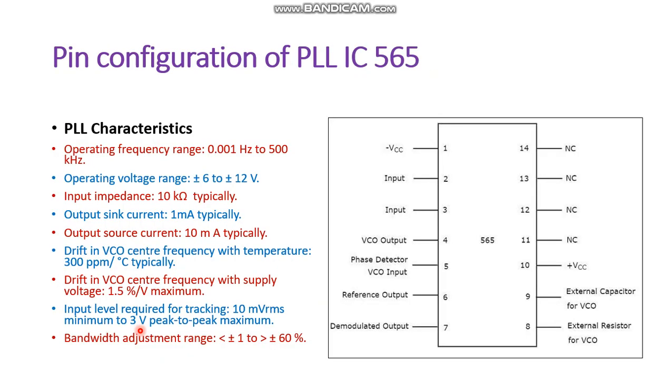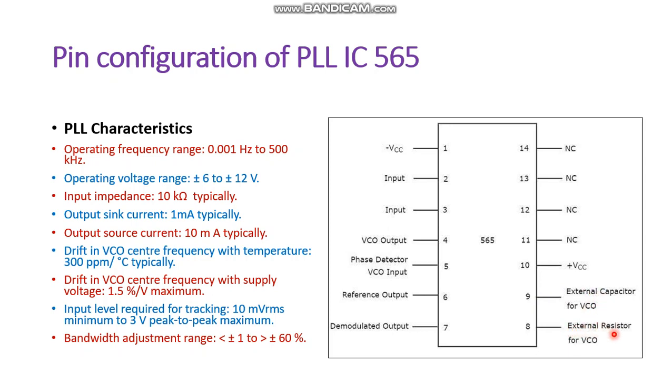Now let's see the pin configuration of the IC 565, which acts as a PLL IC. Pin 1 is the negative VCC supply voltage, pins 2 and 3 act as inputs, pin 4 is the VCO output, pin 5 is the phase detector VCO input, pin 6 is the reference output, pin 7 is the demodulated output, pin 8 is the external resistor we connect for the VCO, and pin 9 is the external capacitor which we connect to the VCO.